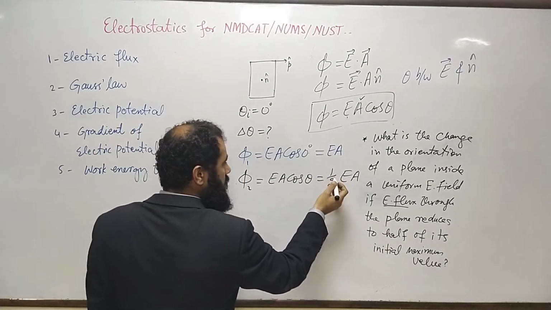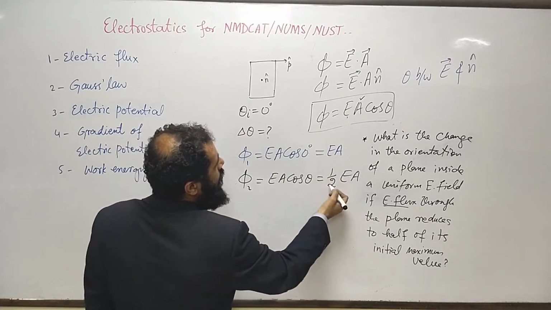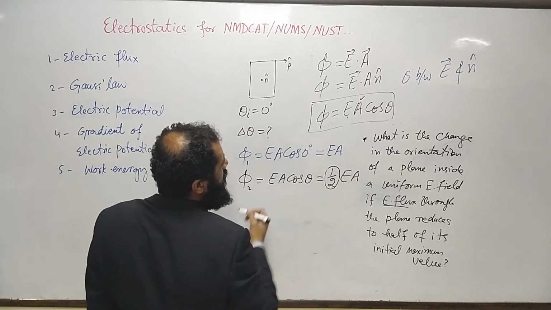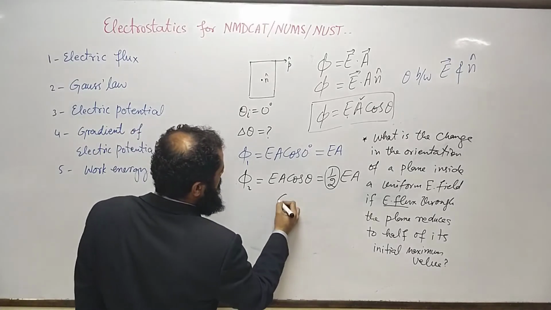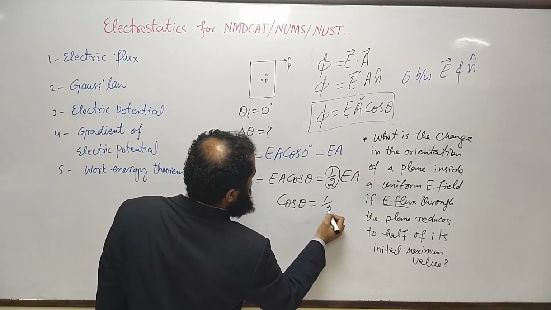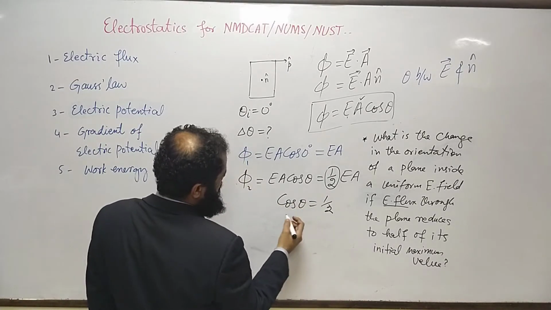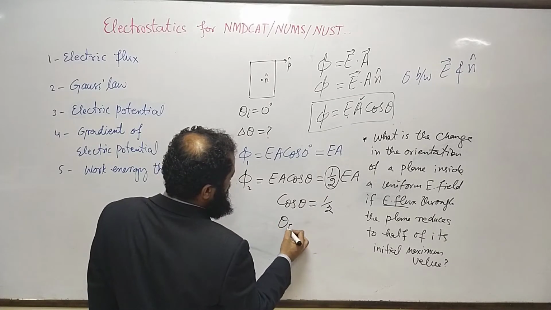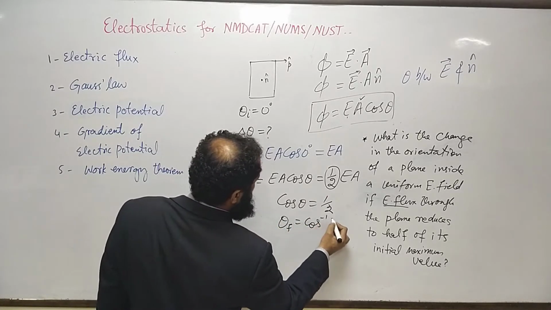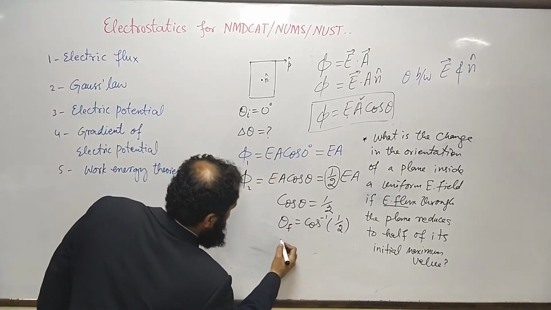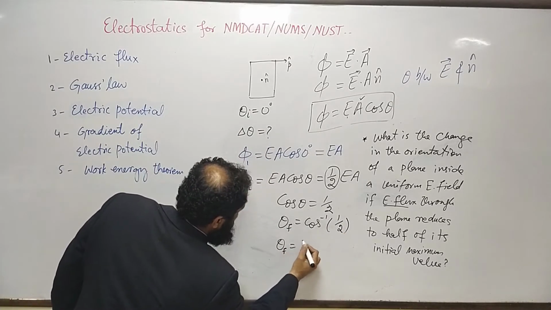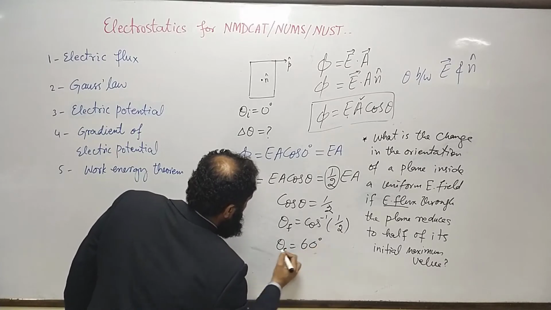So what is theta for which we have cos of that theta to be 1 by 2? So cos of theta is 1 by 2, and now theta final is cos inverse of 1 by 2.